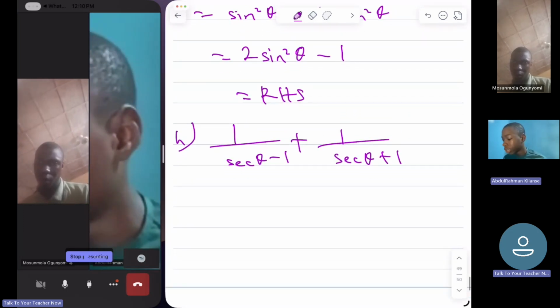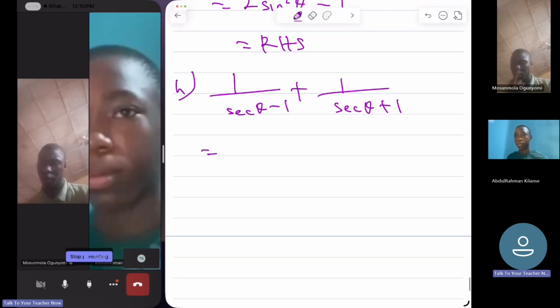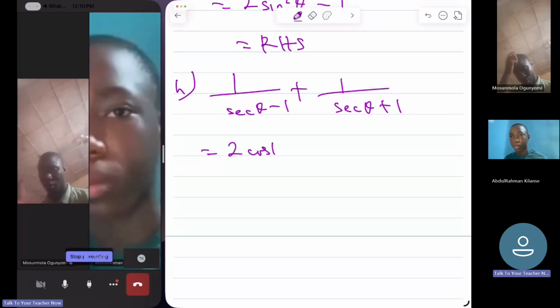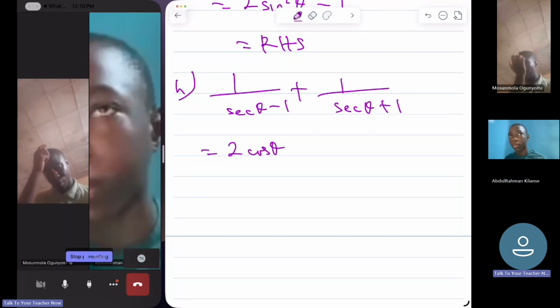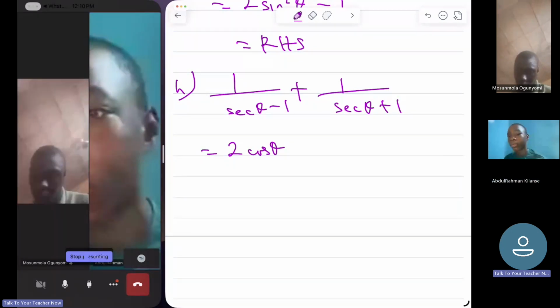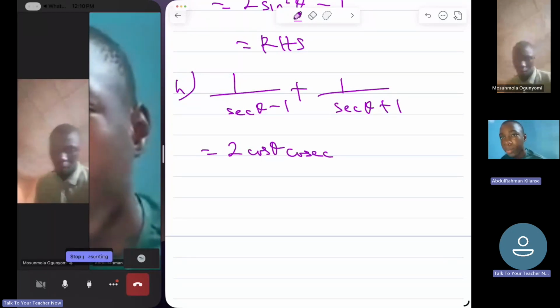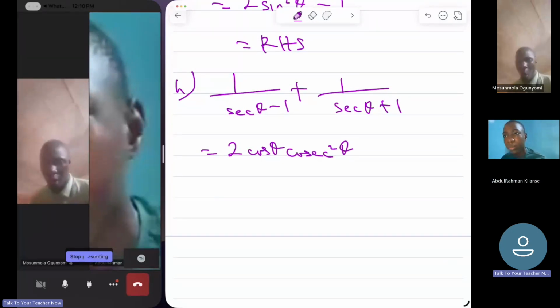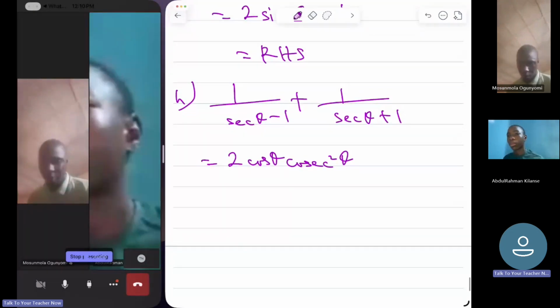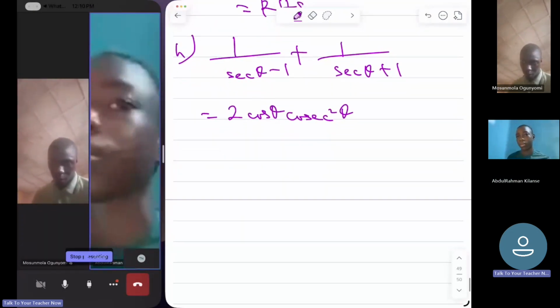Equal to 2 cos theta cosec squared theta. Is it cos or cot? Cos. Okay, 2 cos theta cosec squared theta, right? I thought we had done this before.